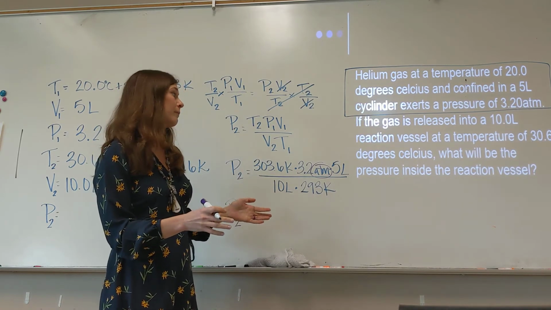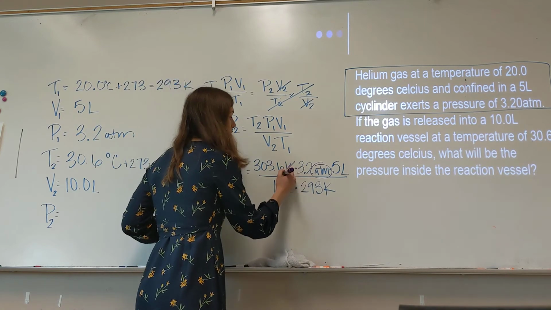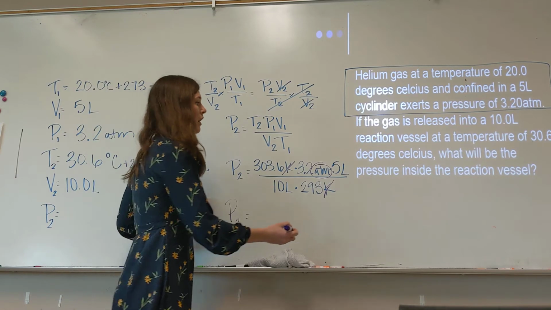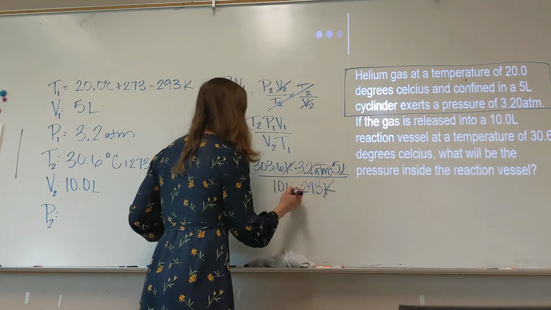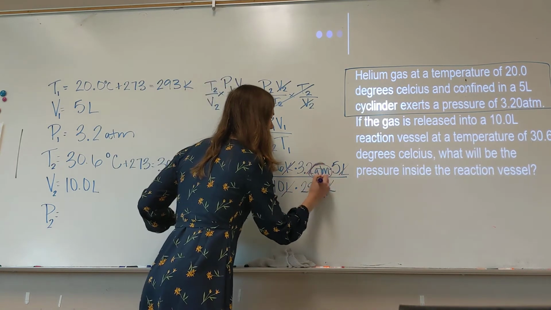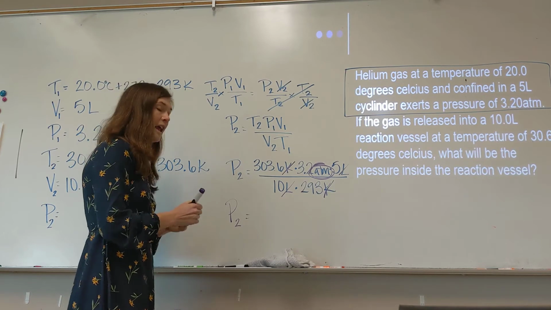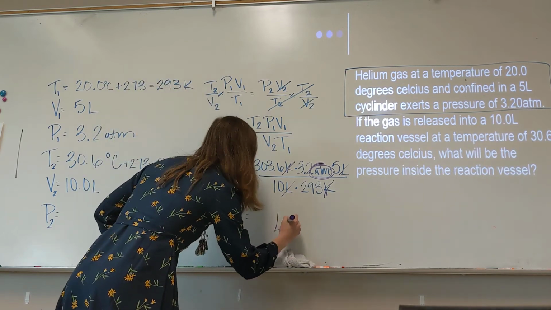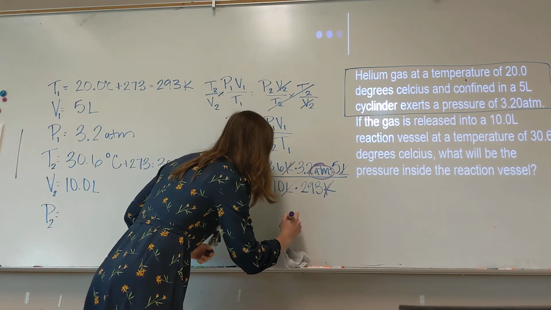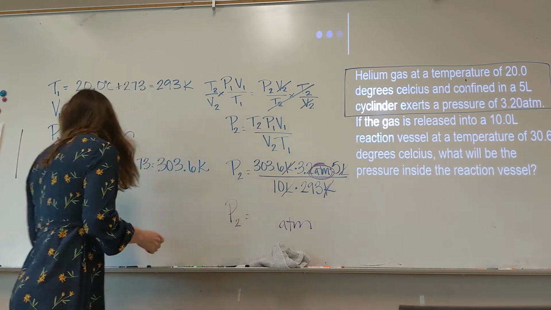I want to make sure also that all of my other units cancel. I have Kelvin on top and Kelvin on the bottom, so Kelvin cancels. I have liters, and liters on the bottom, so liters cancel. I don't have any other units, so I will be left with atmospheres. Now I know that I can accurately plug in these numbers.